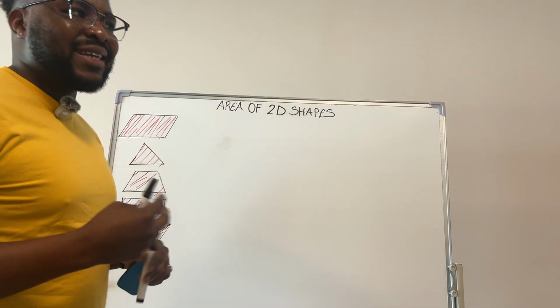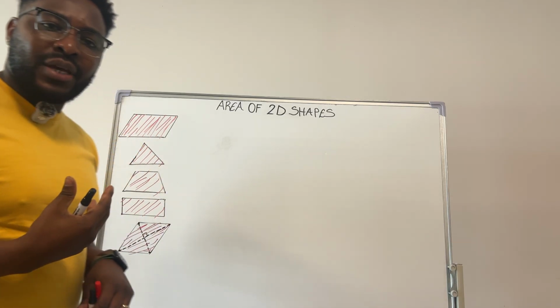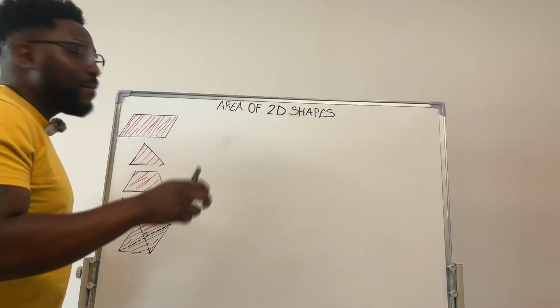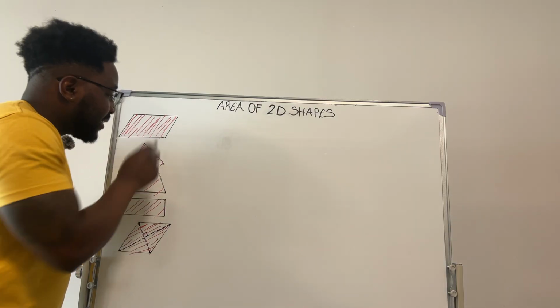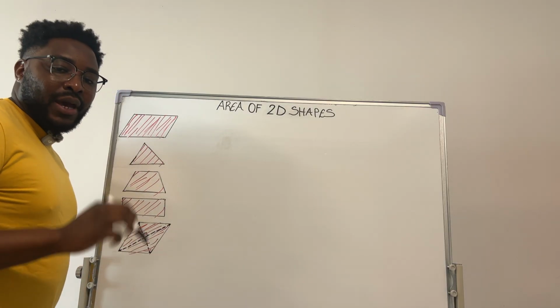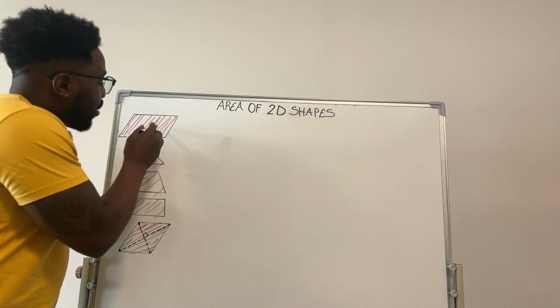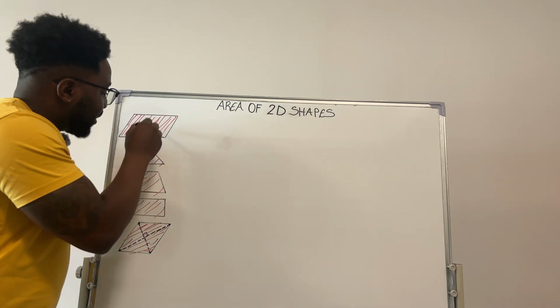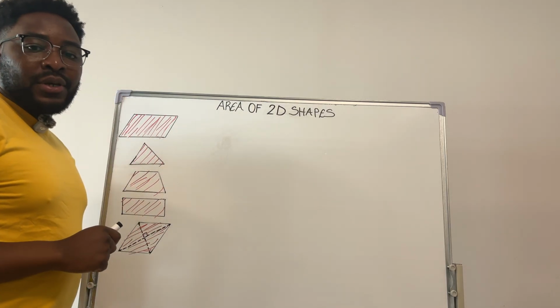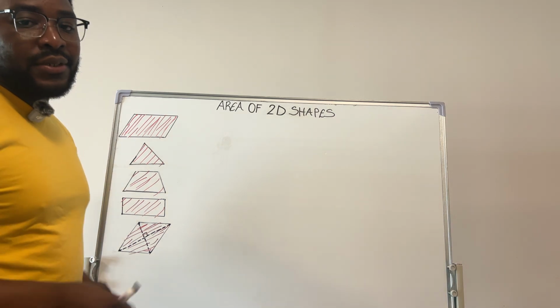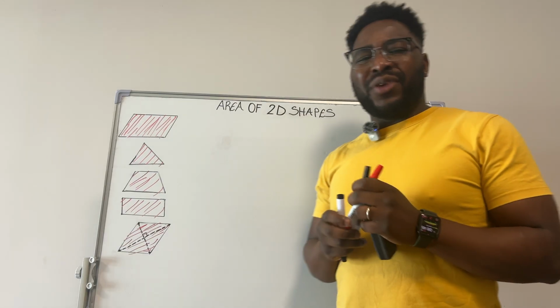So what is area? Area measures the amount of space inside a 2D shape. I'll say that again. Area measures the amount of space inside a 2D shape, and it is measured in square units.